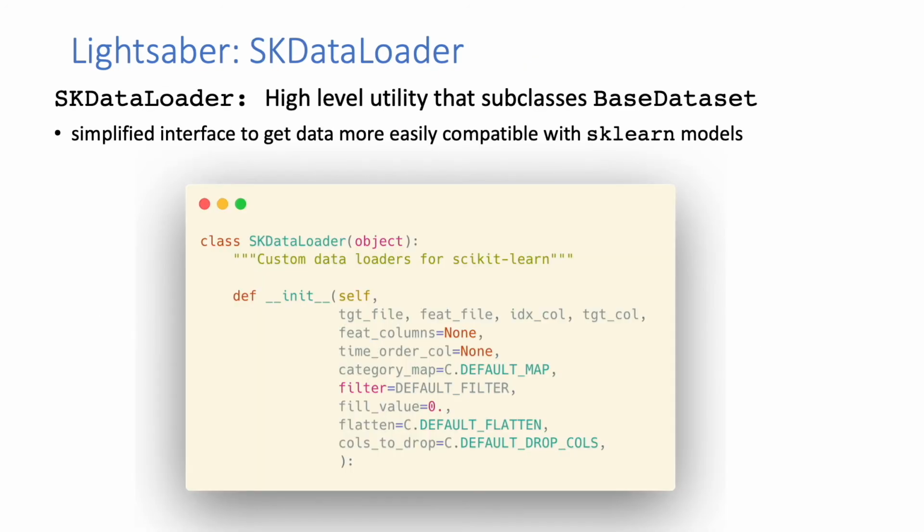As a corollary, we also provide a high-level utility that is more useful for working with scikit-learn models. A base dataset with the appropriate filters can be used to access such datasets, but this class, SK data loaders, makes it much easier for a user who is more concerned with training sklearn models to work with a simplified interface.